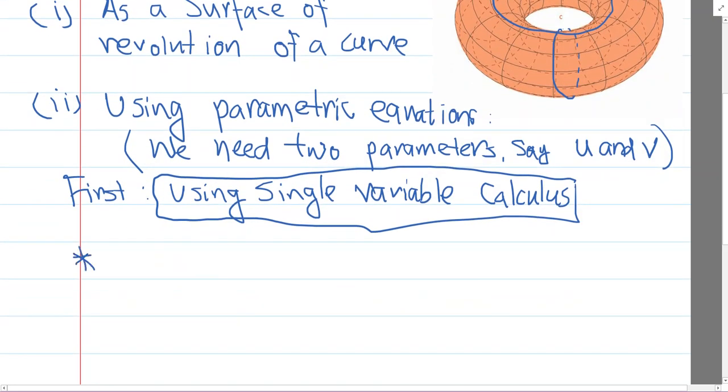What is the curve when we rotate, or revolve, the curve about an axis, let's say about the y-axis? Then you can see we get this surface.